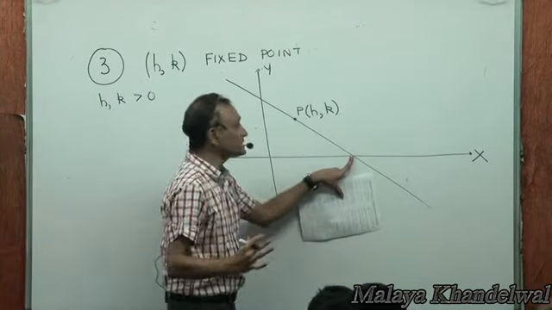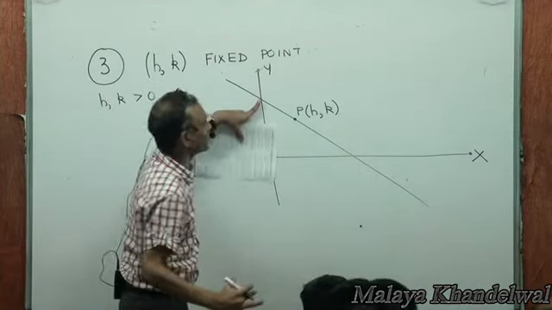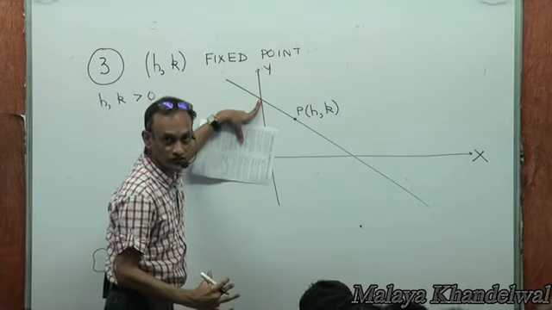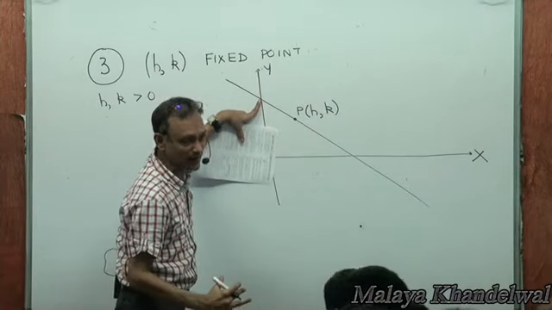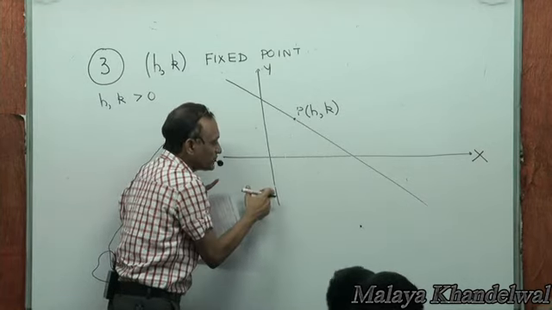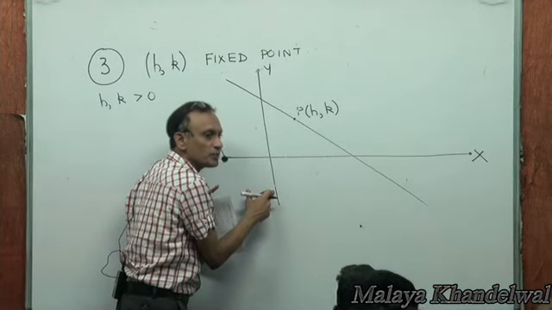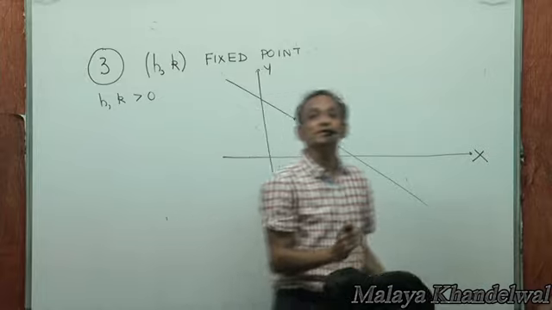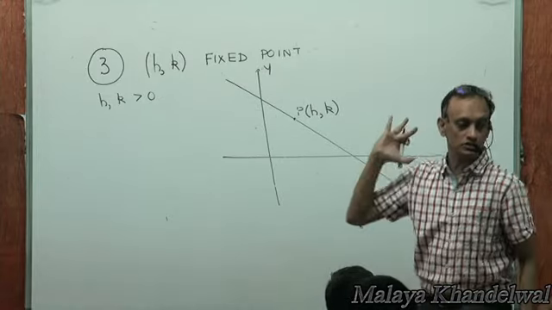And this straight line is drawn in a manner that its intercepts on the coordinate axis are positive. That means it will intersect the positive direction of the x-axis and the positive direction of the y-axis. That means I couldn't have drawn this straight line like this, because then it would have a negative intercept on the y-axis. The problem says that intercepts are positive on the coordinate axis, right?